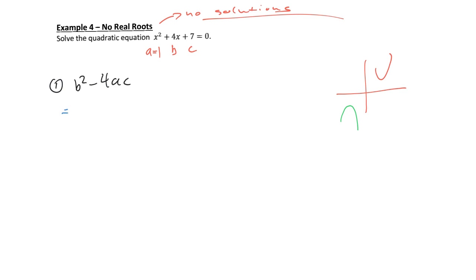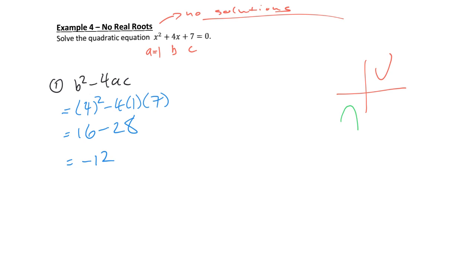So you got 4 squared minus 4 times 1 times 7, which is 16 minus 28. Ugh, that doesn't look good. So that's negative 12.